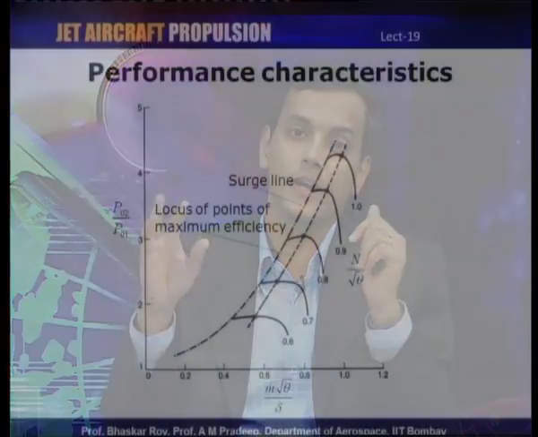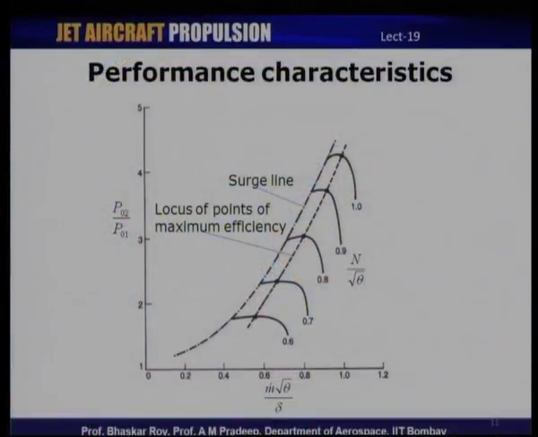So, let us now look at pressure ratio versus mass flow characteristics of a typical centrifugal compressor. What we see here is that on the y axis we have the stagnation pressure ratio, and on the x axis we have the non-dimensional mass flow rate, m dot root theta by delta, and the characteristics have been plotted for varying non-dimensional speed.